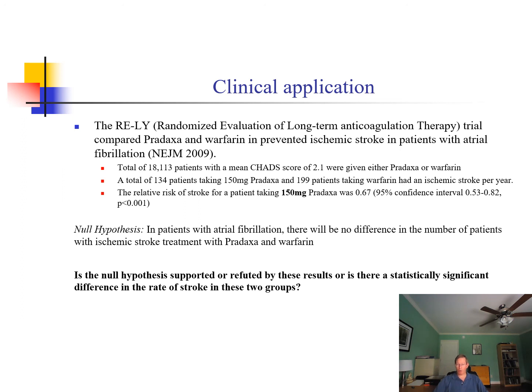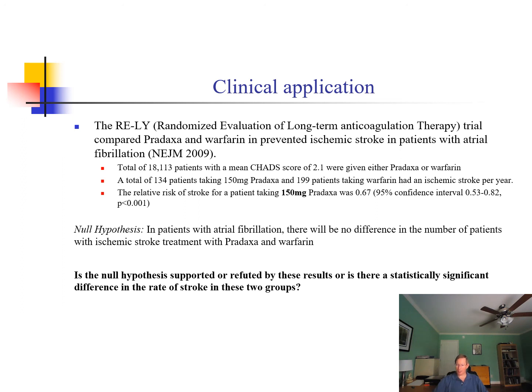Of those people taking the 150 milligram dose of Pradaxa, 134 of them had an ischemic stroke, and of those patients taking warfarin with their blood level at the appropriate level of thinness, so you have to monitor warfarin using what's called the INR, and that has to be set within a certain range, there were 199 patients that had an ischemic stroke. So the relative risk calculated for patients taking 150 milligrams of Pradaxa was 0.67.